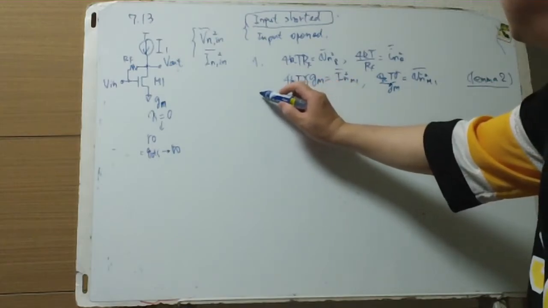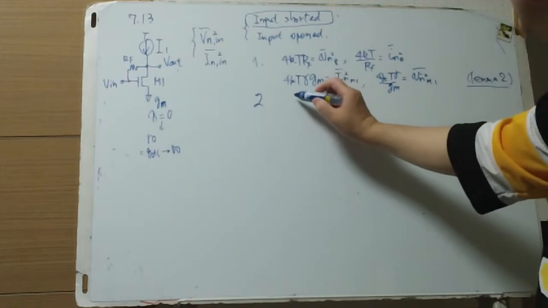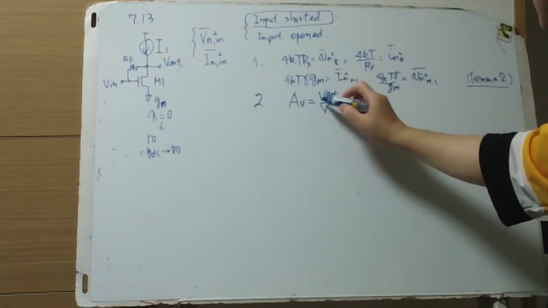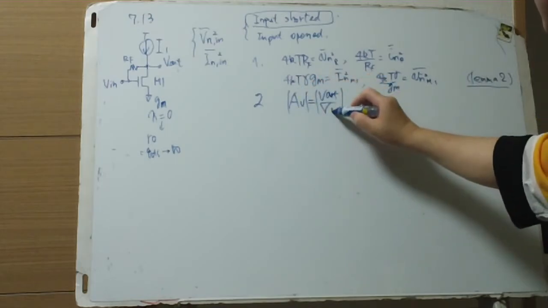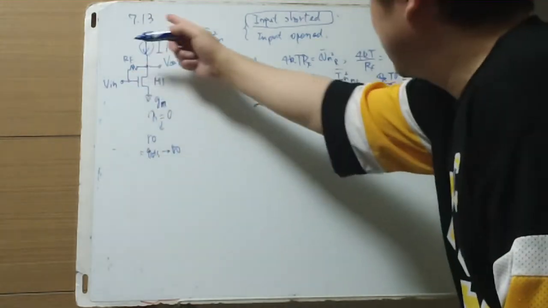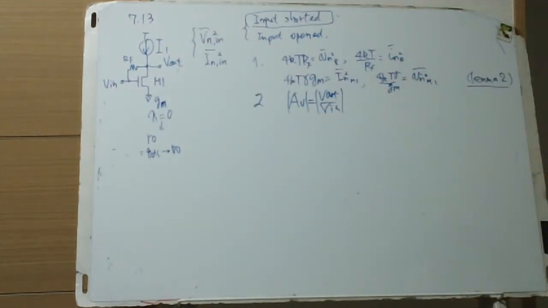And the transfer function, we need to get the transfer function A v, V out over V in, the absolute value. For this, we need to write down the small signal equivalent circuit.